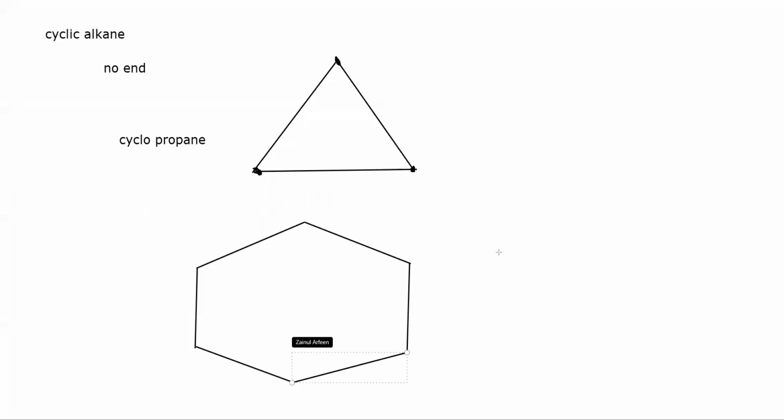Alkyne, when a carbon-carbon triple bond is there, ends at yne. The cyclic alkane also ends at ane. Ane shows that there is a single bond. So cyclo, because there is no end, so it is cyclohexane.